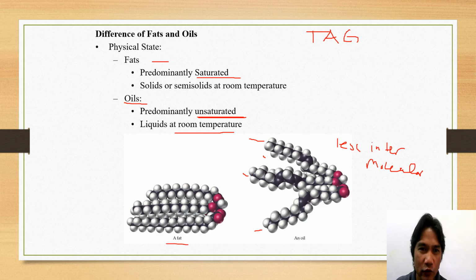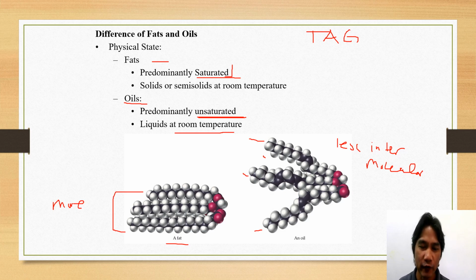While a fat, which is predominantly saturated, has no bends, no double bonds, therefore no bending of the fatty acids. The fatty acids are tightly packed with one another. So we can say there is greater, higher intermolecular attraction.